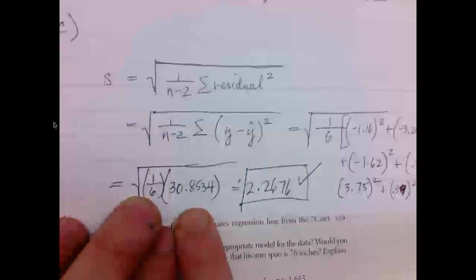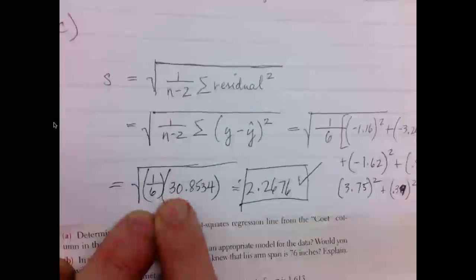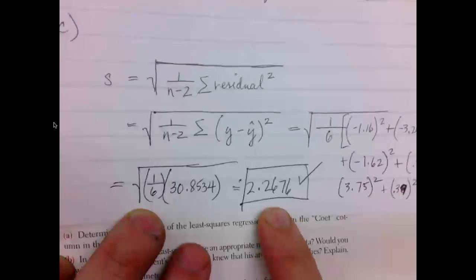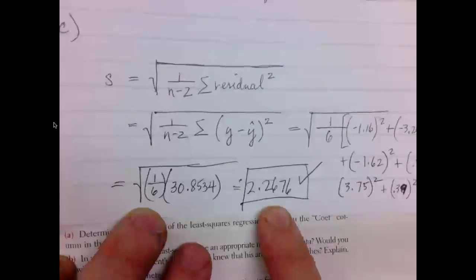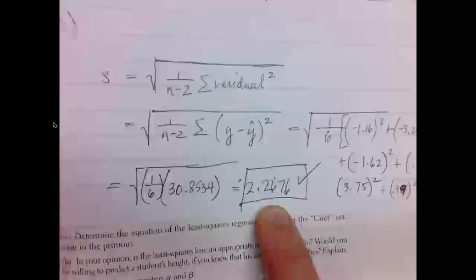When you do that, you yield approximately 30.85. Multiplying that by 1/6 and taking the square root, we get 2.2676. This is the standard error about the line, and that does indeed jive with what Minitab provided us.